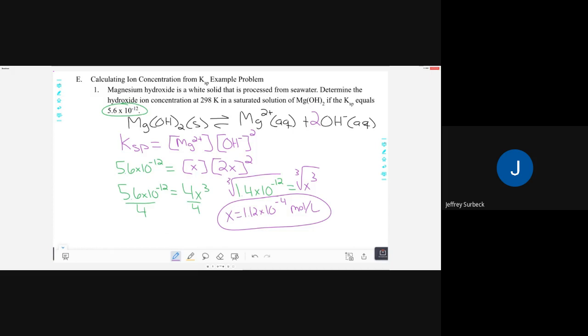Now, imagine this, is that for every one of this stuff, we have to get 2 of that stuff. You may think, okay, well, isn't that factored into this squaring? Not really. And so why we have to put 2x is that for every one of the things on the left, we will actually get 2 of these things.